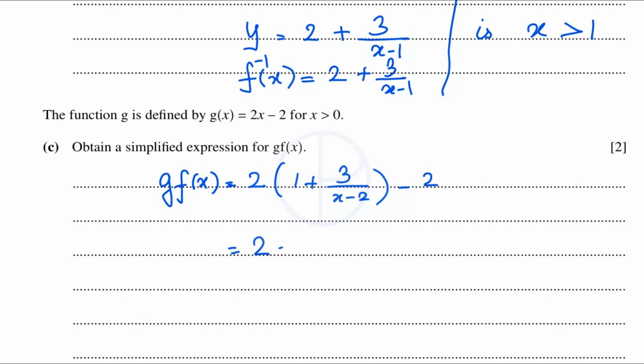So this is 2 plus 3 divided by x minus 2, 3 multiplied by 2 is 6, minus 2, which is equal to 6 divided by x minus 2.